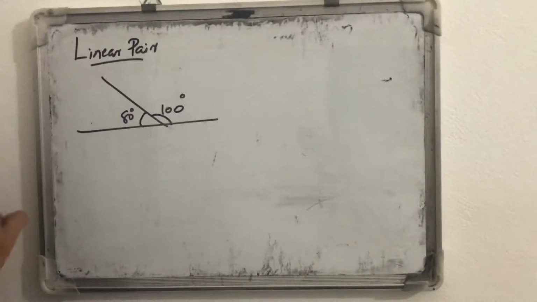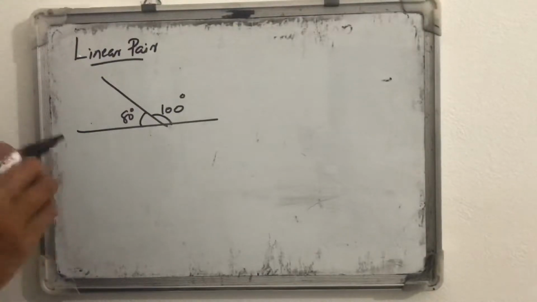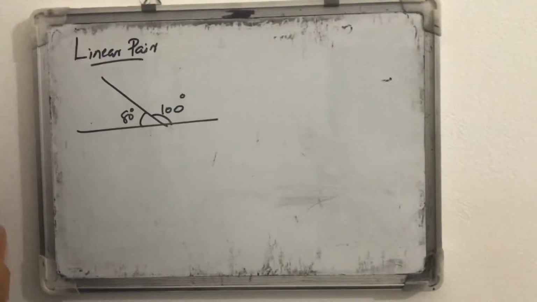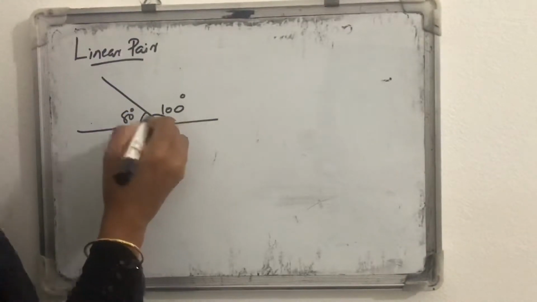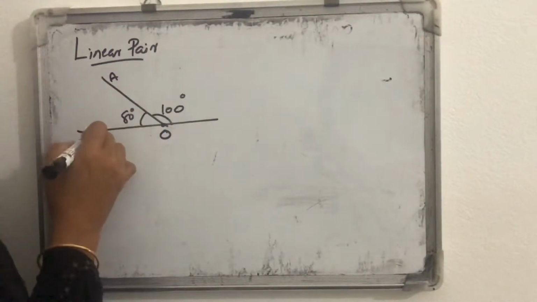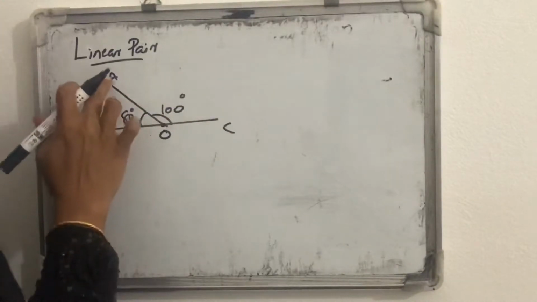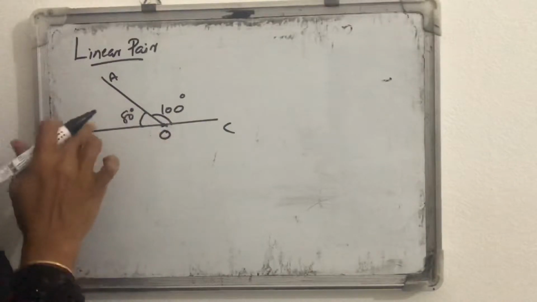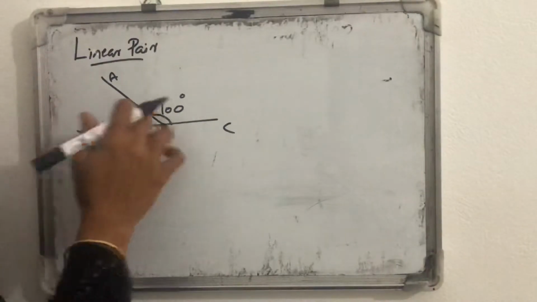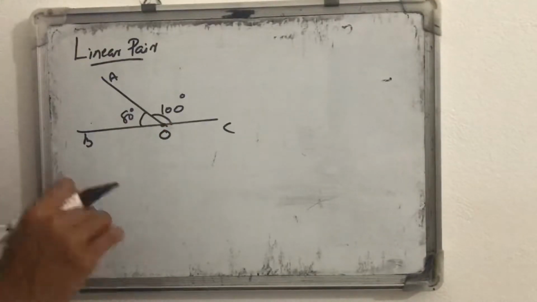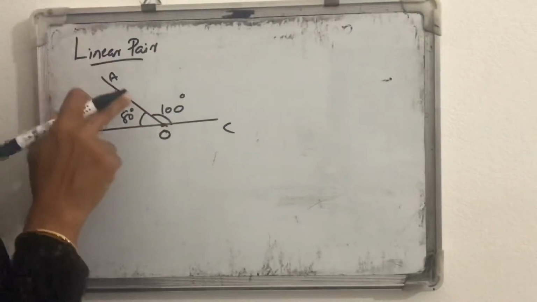For linear pairs, the two angles should be adjacent angles and also supplementary. Now consider these two angles. If this point is O, and we have A, B, C, then angle AOC plus angle AOB is 180 degrees, so the two angles are supplementary, and also adjacent because they have a common arm OA.